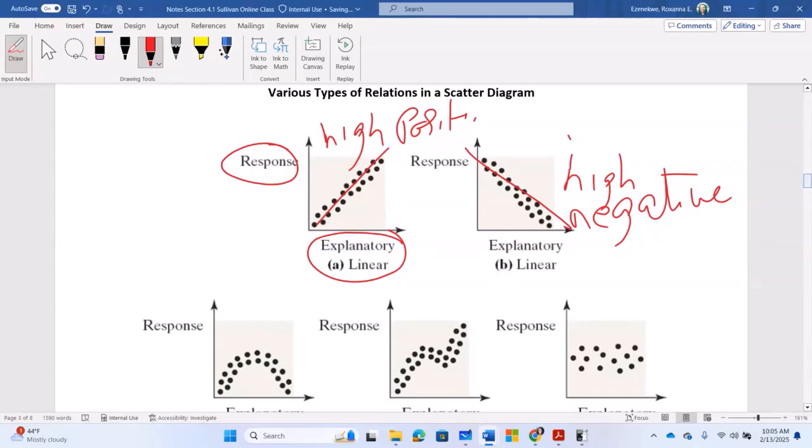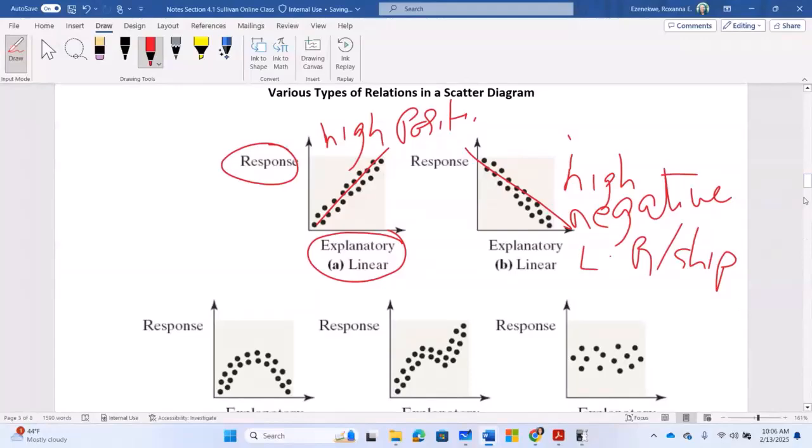Why do I say negative? Because the line of best fit is going to have a negative slope. That is the kind of relationship that the x-axis has with the y-axis, and x-axis, remember, is called the explanatory variable. All right.